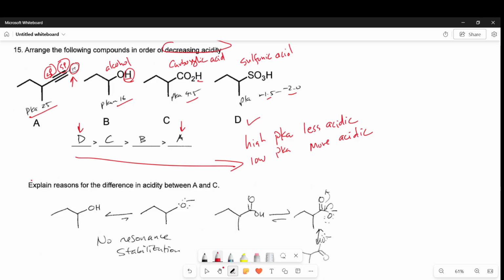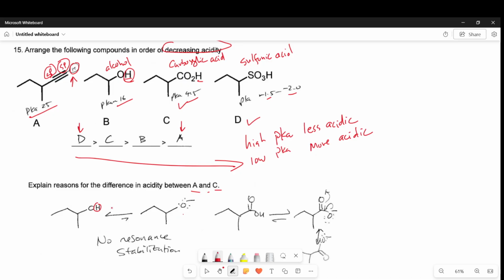In the next question, it says explain the reasons for the difference in acidity between A and C. Both hydrogens are on oxygen, but it is asking you why they are that much different. So this is more acidic. If you just do an acid-base reaction and remove this hydrogen, you'll have this alkoxide.